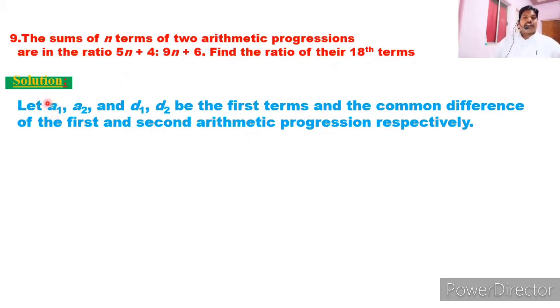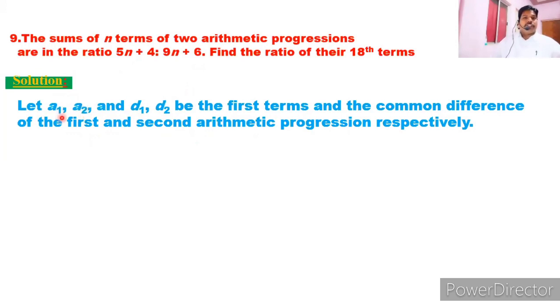Here, a1 is the first term and d1 is the common difference of the first arithmetic progression. a2 is the first term in the second arithmetic progression, and d2 is the common difference in the second arithmetic progression. Do you understand, students?